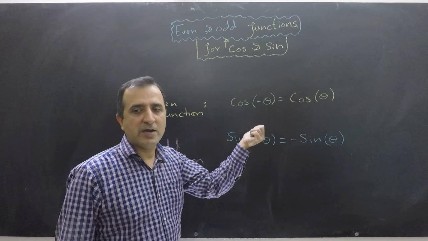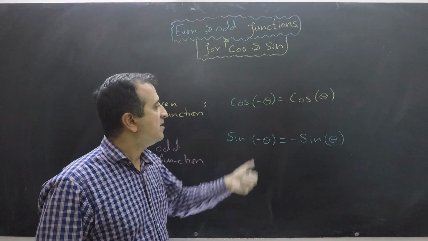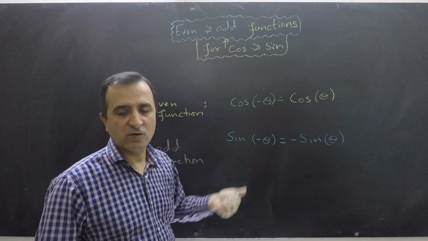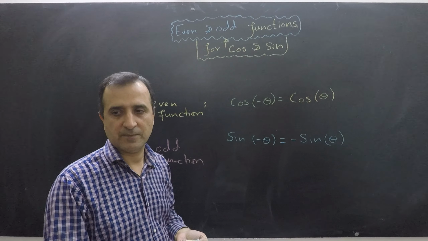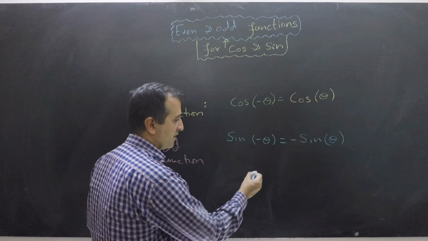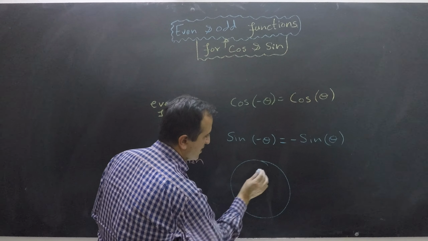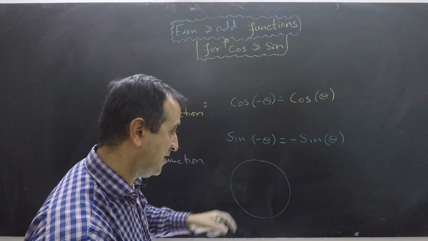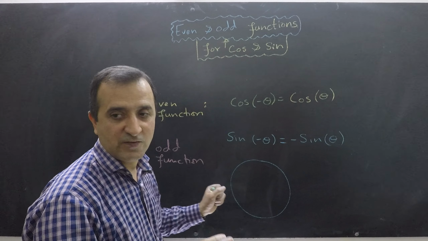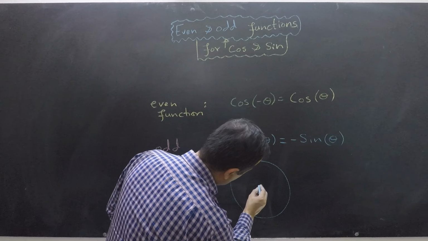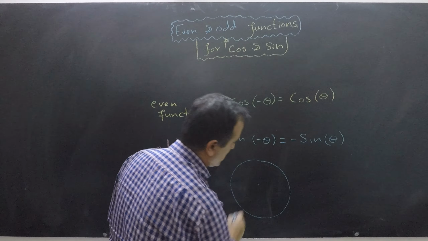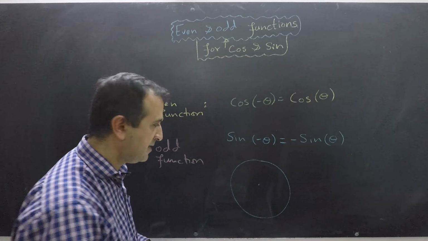So let's quickly draw our unit circle and verify this definition for some values of sine theta and cos theta. This is our unit circle. I have to find the midpoint of the circle, which I usually fail to find, so I assume this is around the midpoint.